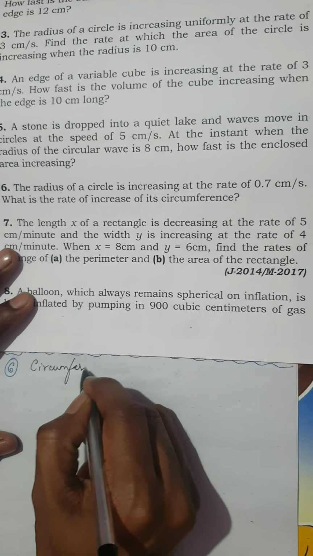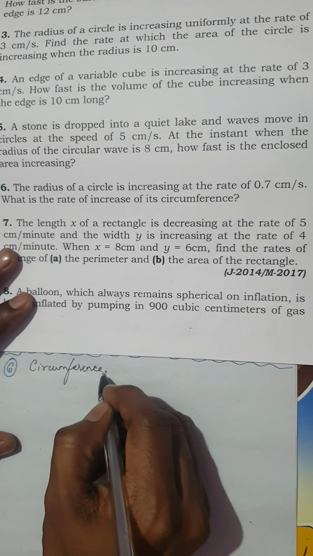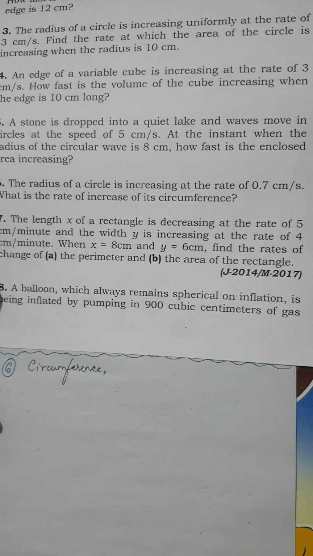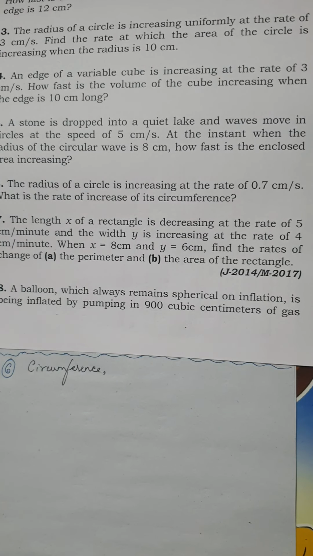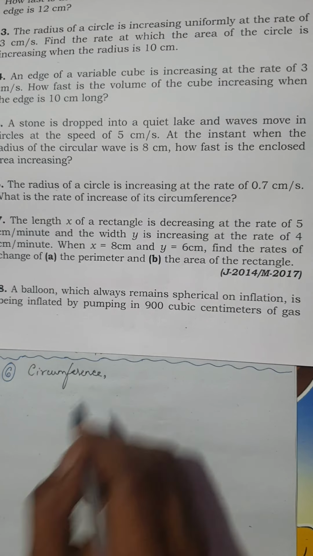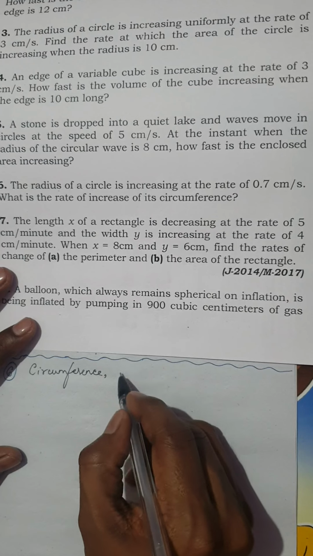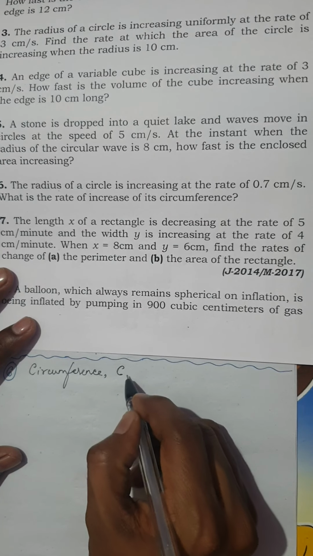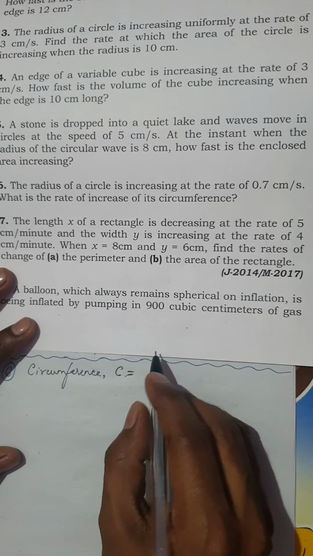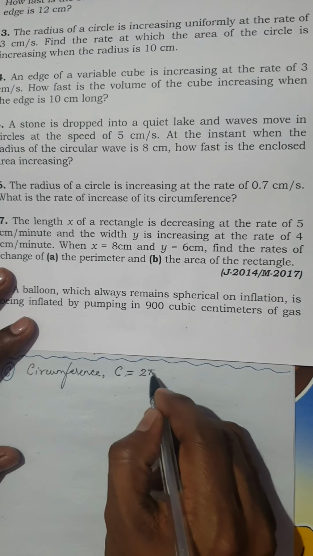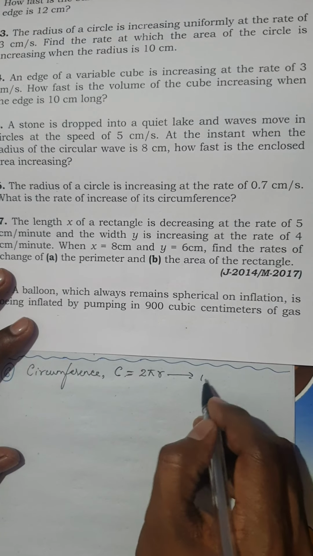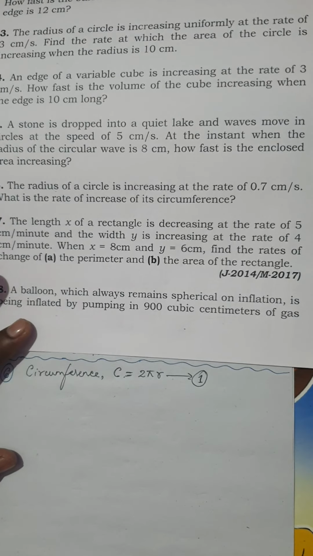You can also call it the perimeter. In regular shapes we consider it as perimeter, but in circular ones we consider the circumference. So the circumference of the circle is nothing but 2 pi r. If you remember the formula, your work is 50% complete.